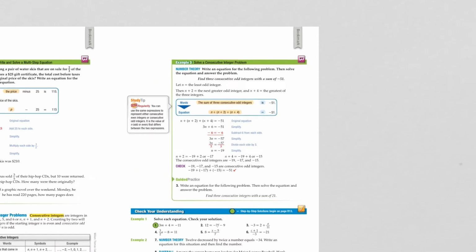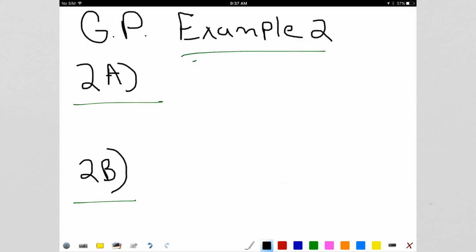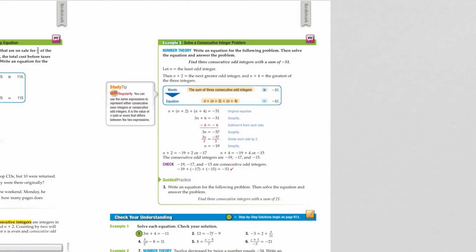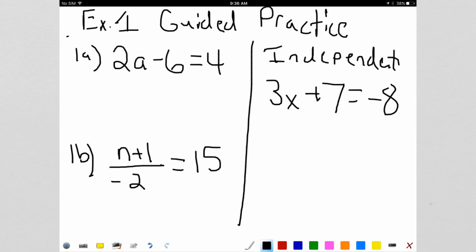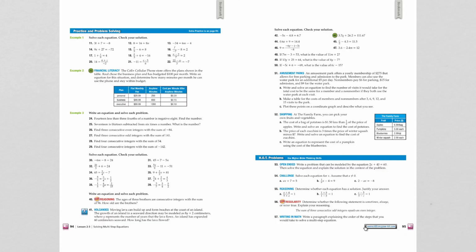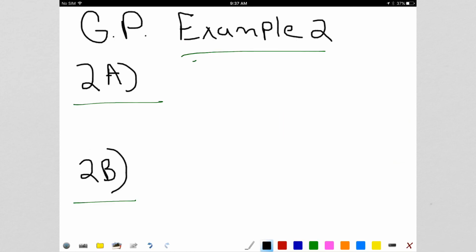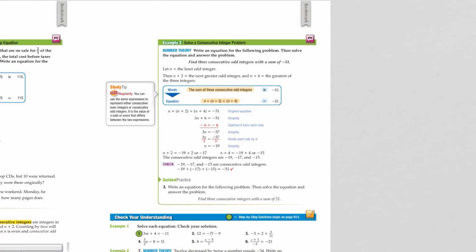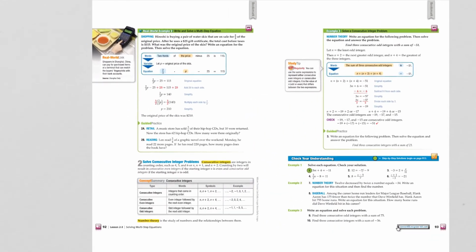Now, I also have a guided practice for example 3. It's find 3 consecutive integers with a sum of 21. Now 3 consecutive integers, what is that? Look at that cheat sheet right here. It's right here.